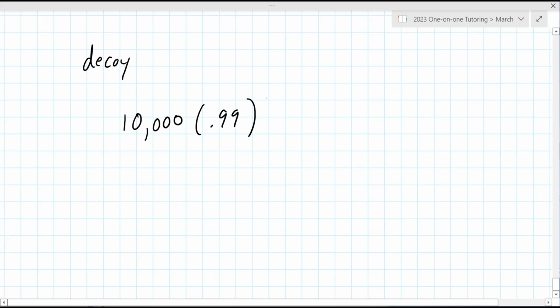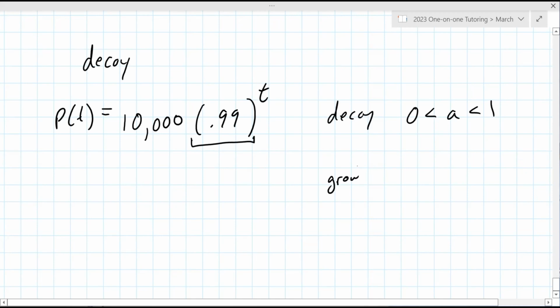So this function here is decay, and it has to do with the number in here. It has nothing to do with the number in front. It only has to do with the number in parentheses. If that number, this is called A, is between 0 and 1, it's decay. It's growth if that number is greater than 1.